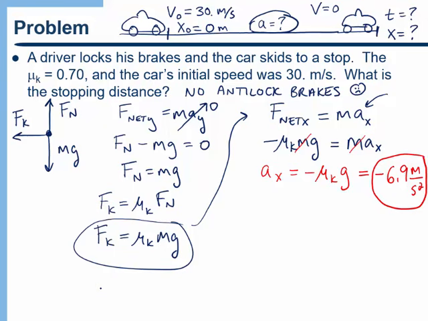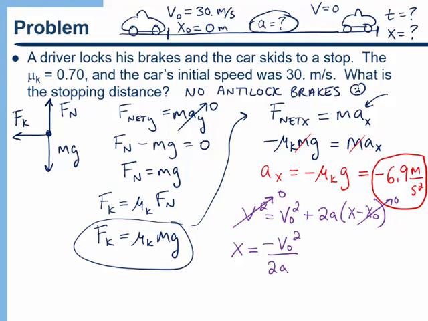Once we've got that, we can now go ahead and do kinematics. V squared is equal to V naught squared plus 2a times x minus x naught. Our initial position was 0. Our final velocity is 0. And therefore, we get x is equal to negative v naught squared over 2a. Notice that we want to be careful and make sure the negative signs work out correctly.